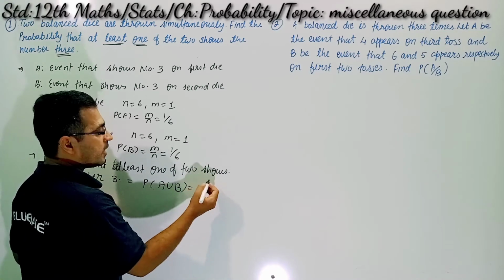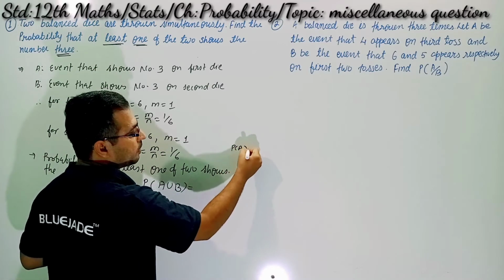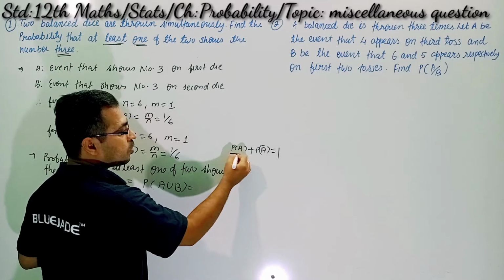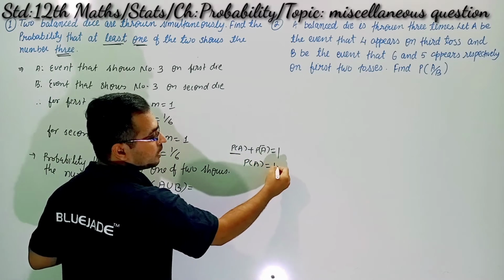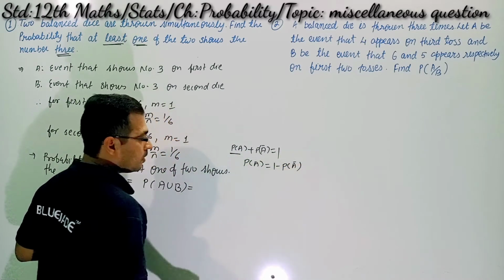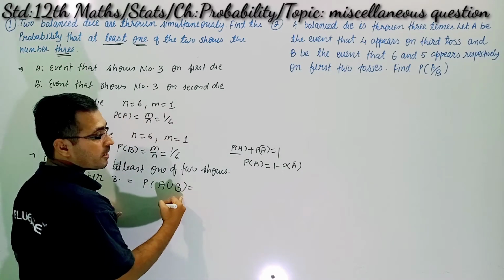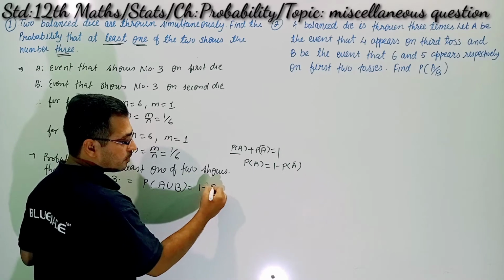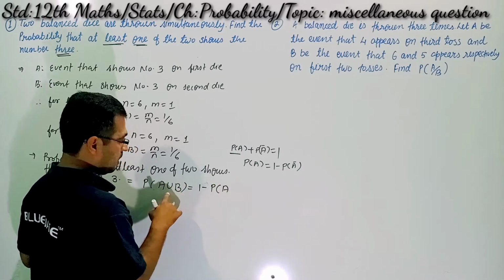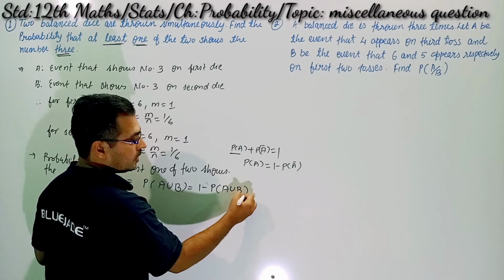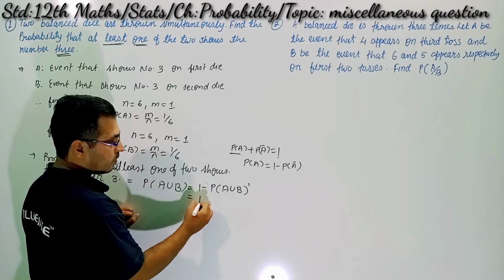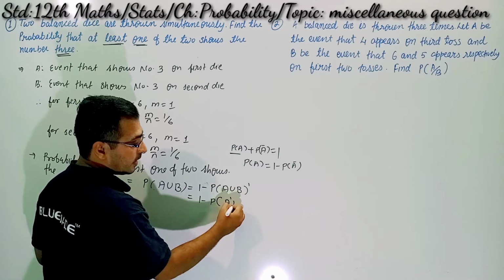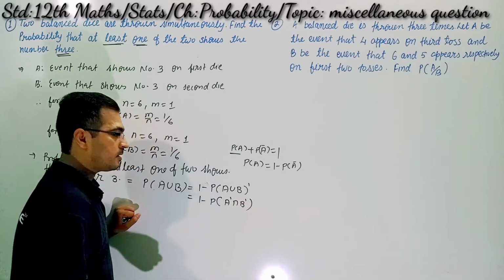So this can be written as: we know that P of A plus P of A dash is what? 1. So P of A can be written as 1 minus P of A bar. Similarly P of A union B can be written as 1 minus P of (A union B) dash. So we can write 1 minus, as per De Morgan's law, P of A dash intersection B dash.